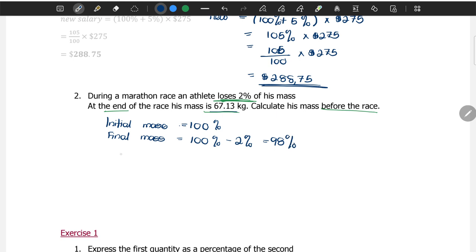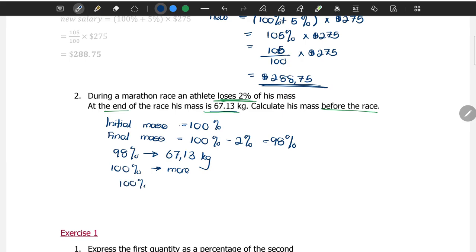Now we're being told that this 98% has a value of 67.13 kg. What about 100%? It has to be more, right? Because if you have lost 2%, then your initial one must be more. So 100% is more than 98%.